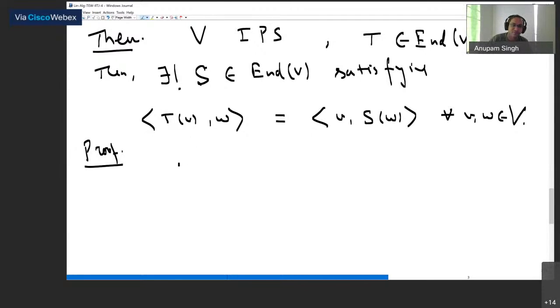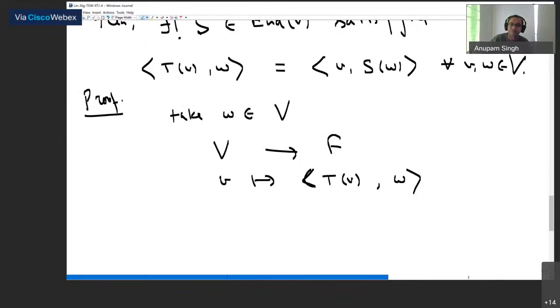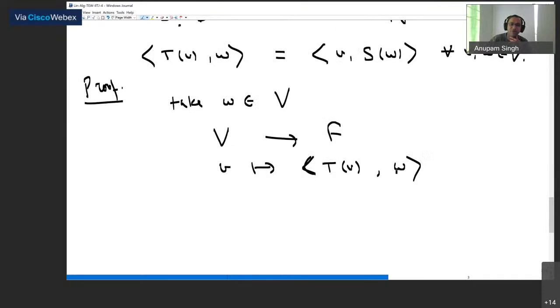So let's take any w. Okay, take any w in V. Now what I can do is define a map from V to F because I'm given T already. So I'll define this map to be: take any vector, evaluate it at T of v, and then take the inner product with w. You see, w is fixed here, and v is varying, but T is linear.